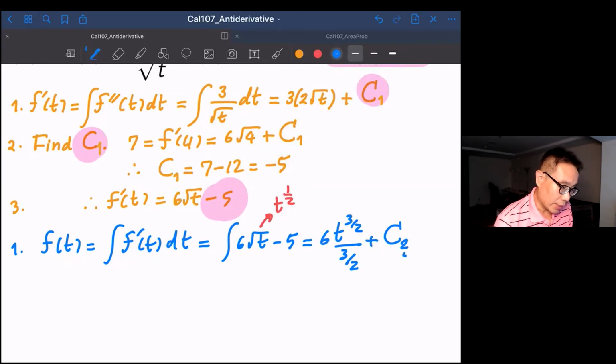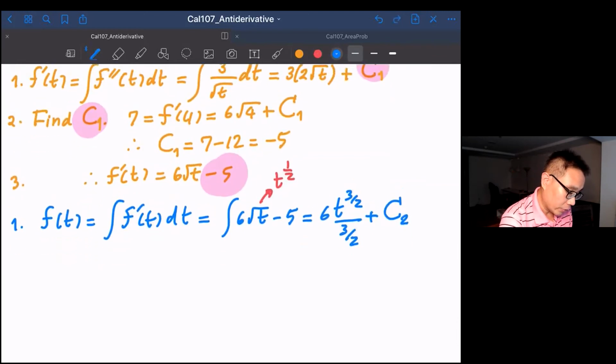You see that you have this C2, and you're going to find C2 in the second step.